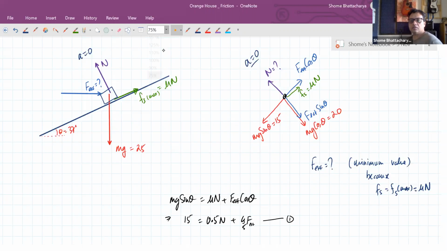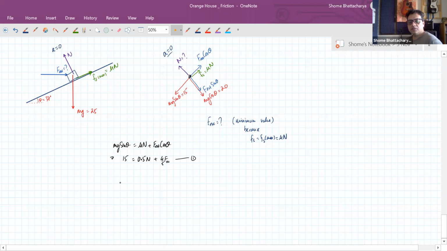And secondly, along the normal direction, N balances the sum of mg cos theta plus the external force's sine component. Okay. So N should become equal to 20 plus 3 by 5 F external. Now these two we have to solve, okay, to find out F external.